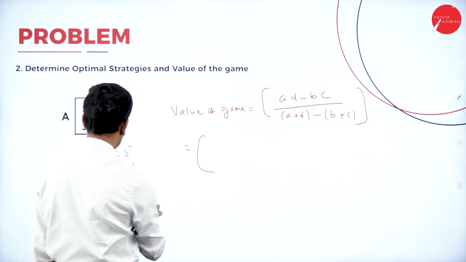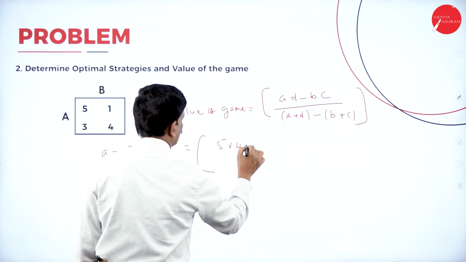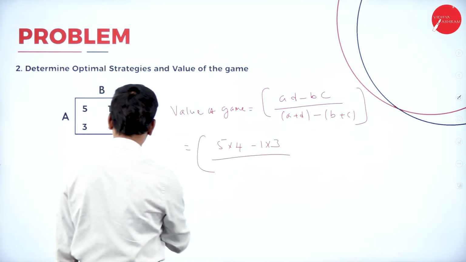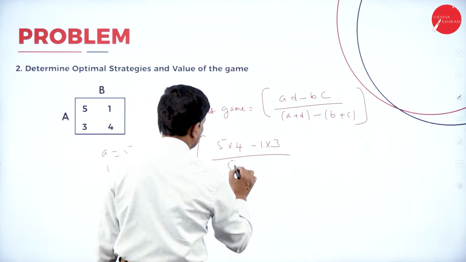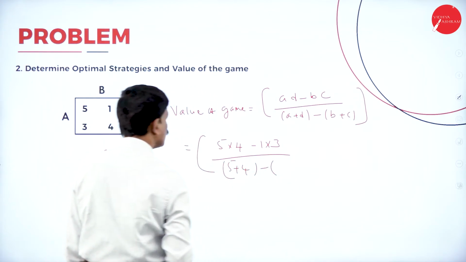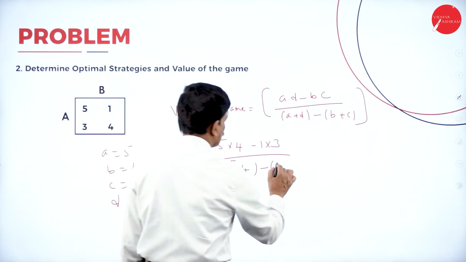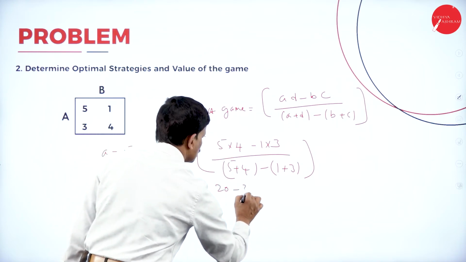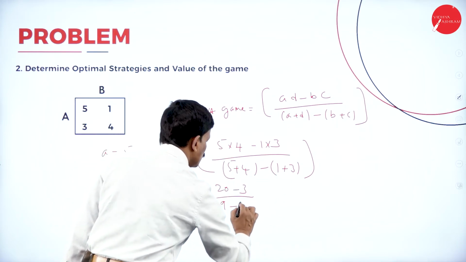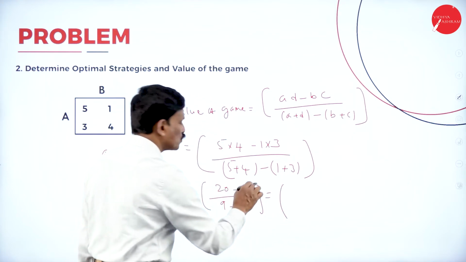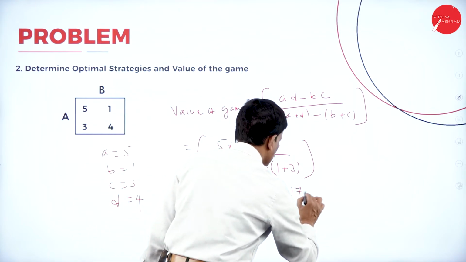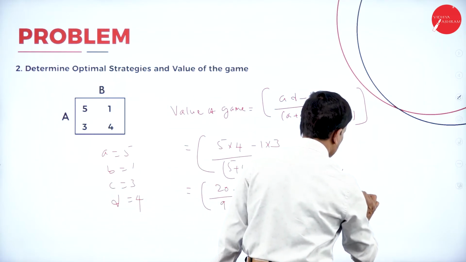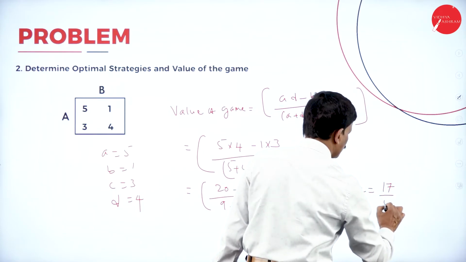A into D is 5 into 4 minus B into C, 1 into 3, divided by A plus D, that is 5 plus 4, minus B plus C, which is 1 plus 3. If you simplify this, 5 4s are 20 minus 3 divided by 5 plus 4 is 9, minus 3 plus 1 is 4. So this is equal to 20 minus 3 is 17 divided by 9 minus 4 is 5. So therefore the value of the game is equal to 17 by 5.